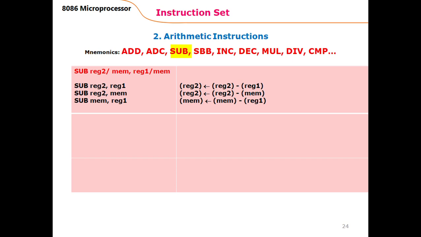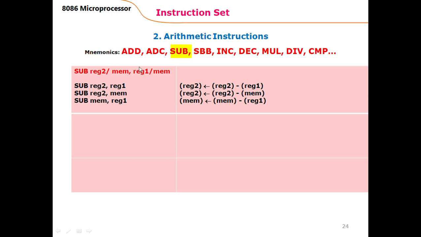Then we move to subtraction. Subtraction, just like addition, can have different forms. This is the template or structure of the subtraction instruction, where SUB is the opcode of this instruction.